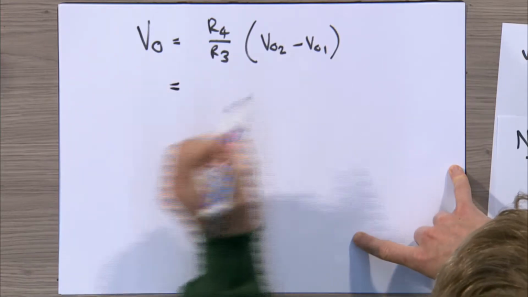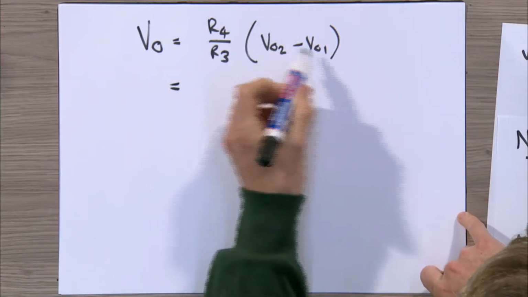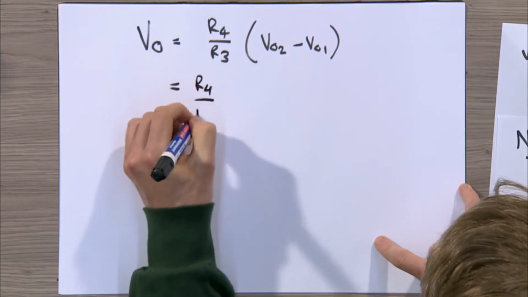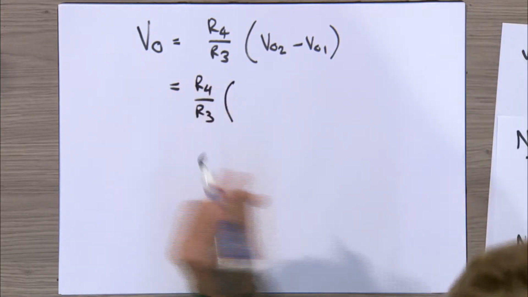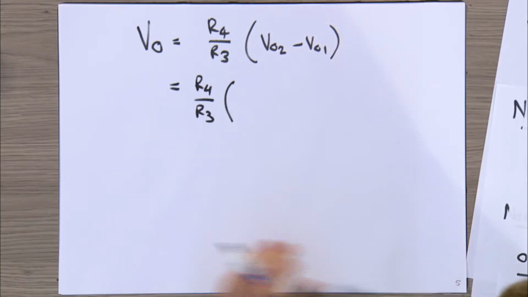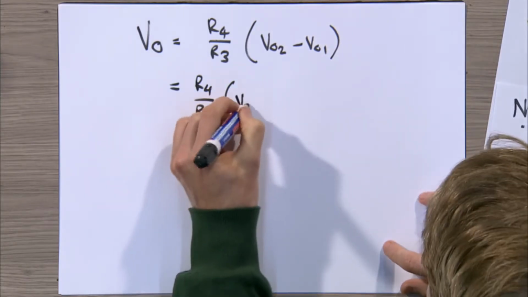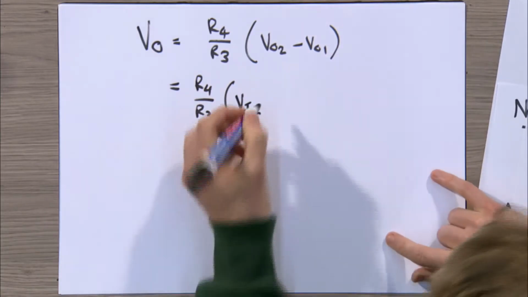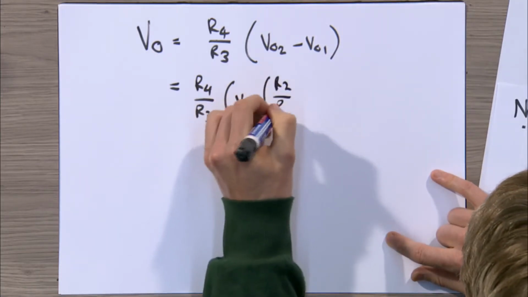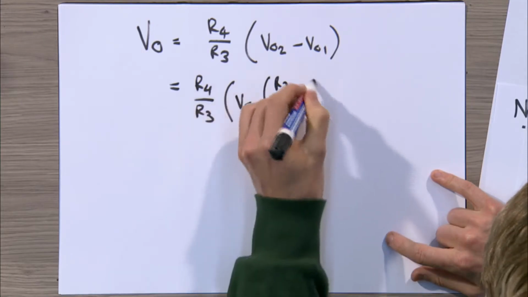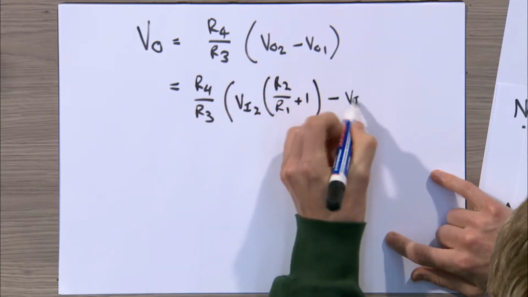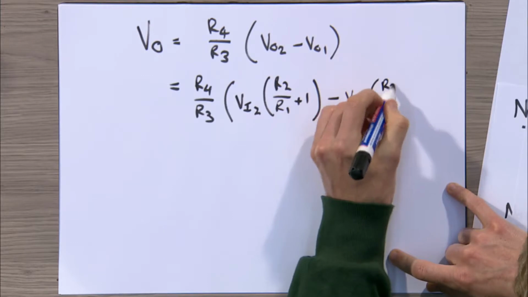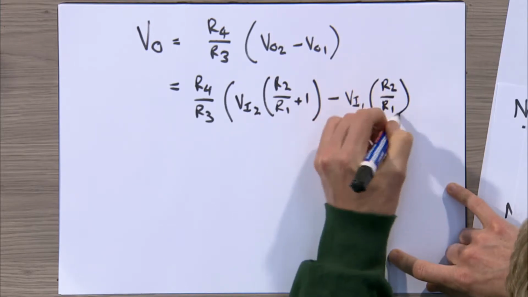So let's put in the equations for Vout2 and Vout1. Vout2 is Vi2 multiplied by (R2 divided by R1 plus 1) minus Vi1 multiplied by R2 divided by R1.